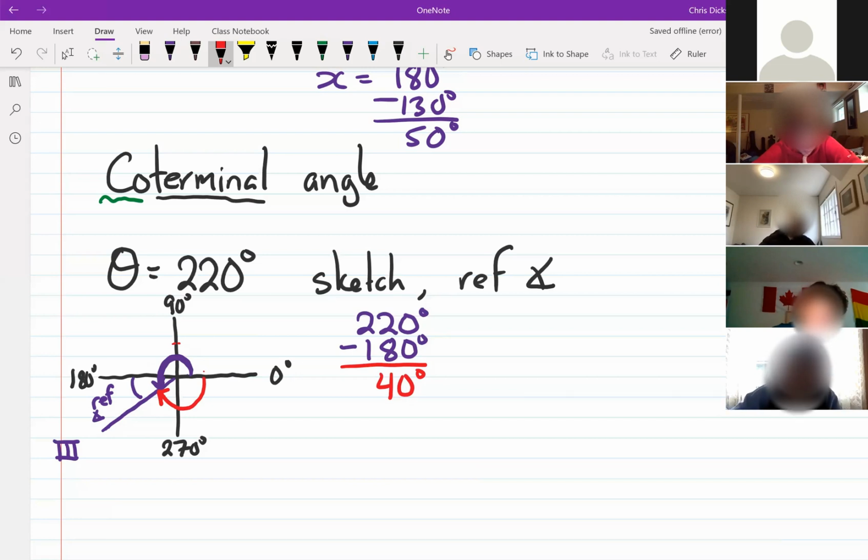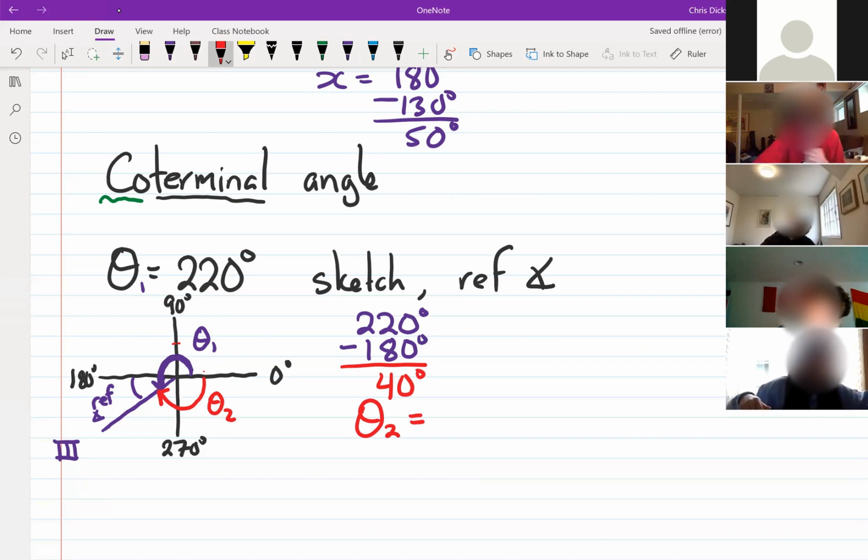So let's call that theta 2. We'll say our purple angle is theta 1, our first angle. Let's find the other angle that would stop in quadrant 3, but would be going the other way. One way to do that would be to say, well, it's 180 to do a half turn, and the reference angle was 40.